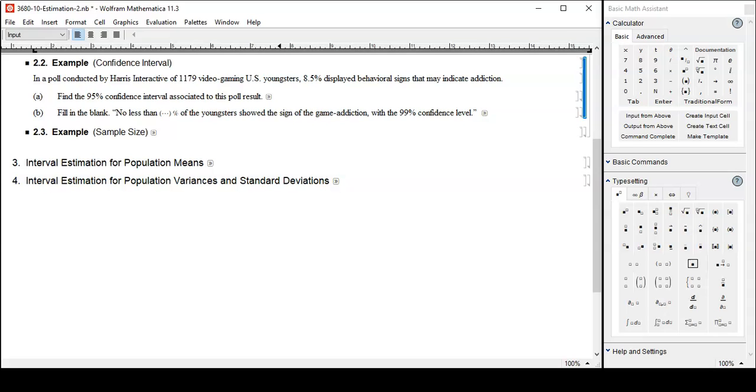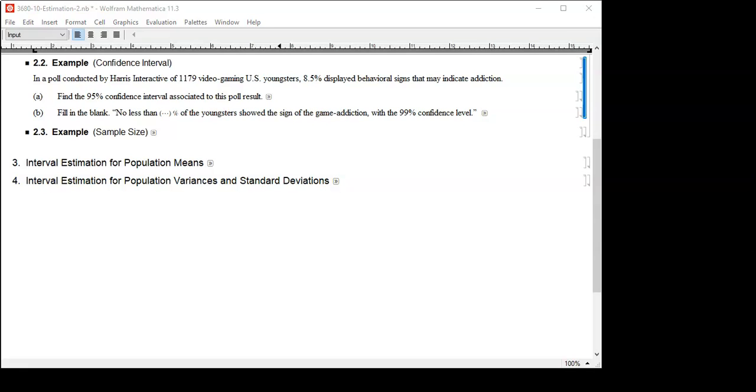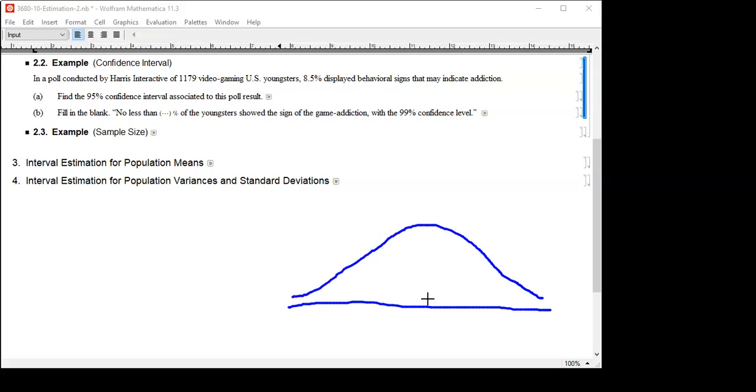So we're doing confidence intervals. So let's begin with a normal picture like this. And then the best point estimate is, of course, 8.5%, so 0.085.